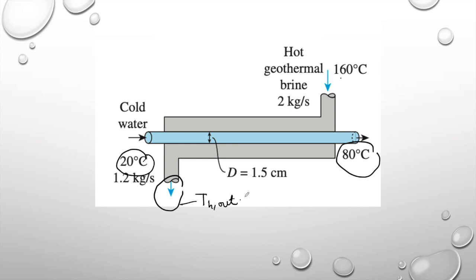Therefore, we cannot use the LMTD method in this question. You have to use the NTU method. In the NTU method, one of the outlet temperatures will not be given to you. So the only unknown here is temperature T H out. Therefore, you can use the NTU method.